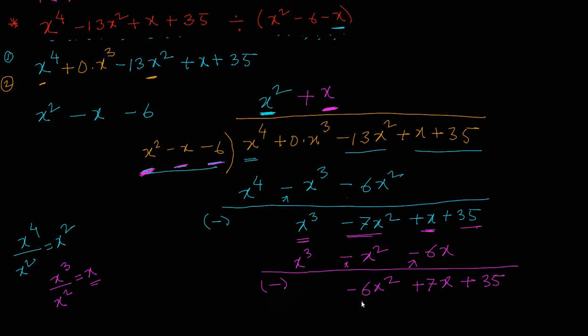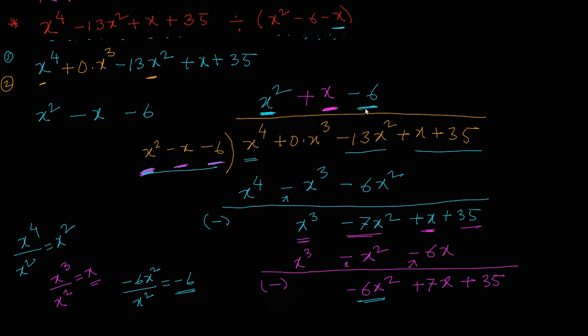What is the next step? Again I'm going to pick up the first term of my dividend, which is negative 6x square, and I'm going to divide by the first term of my divisor, which is x square. So if I do that, I end up with negative 6. So I'm going to write down that negative 6 over here. So let's multiply.